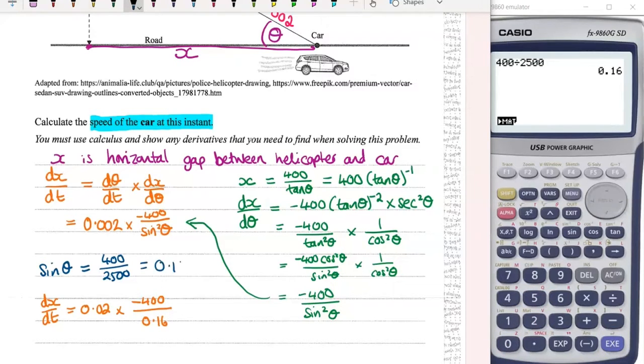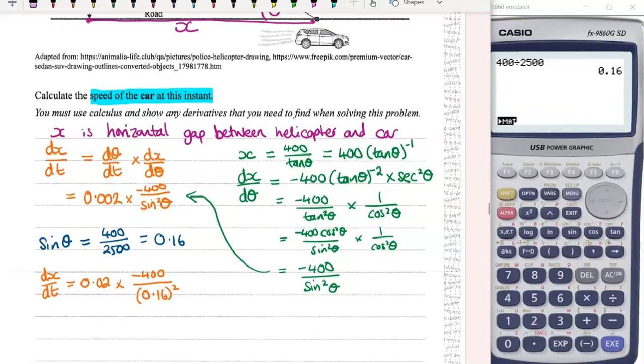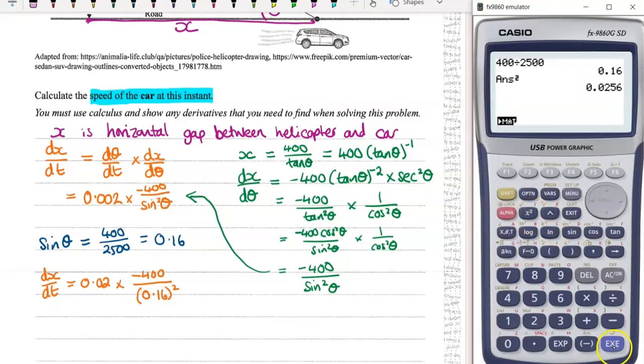So on the bottom here would be 0.16 squared. What I'm doing is substituting into this bit what the value of sine theta was. Okay, so now if we take that, we're going to square it. We'll do 400 divided by it, and then we'll do 0.02 times the negative of our answer.